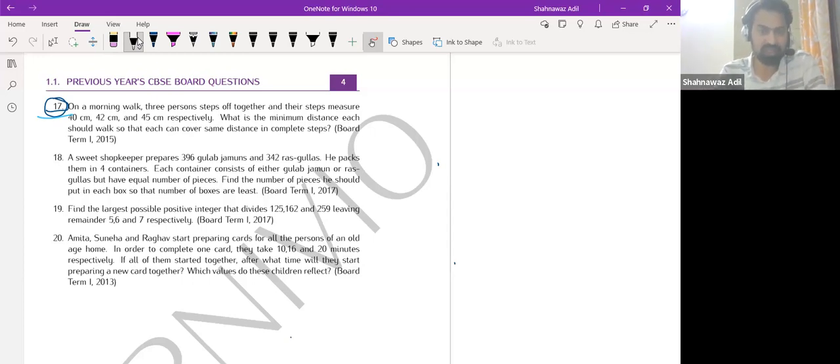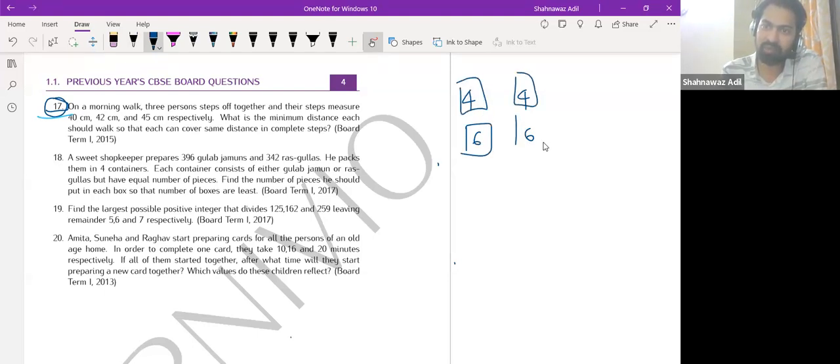So we have to find the number of pieces we should put in each box so that the number of boxes is least, right? So we have to find that equal number of, let's say, we can put two, we can put four rasgullas, we can put four gulab jamuns, we can put six rasgulla, we can put six gulab jamun in a container, right?